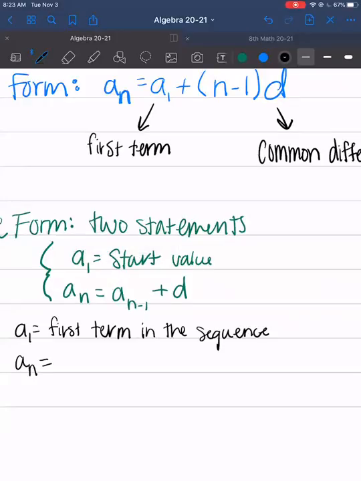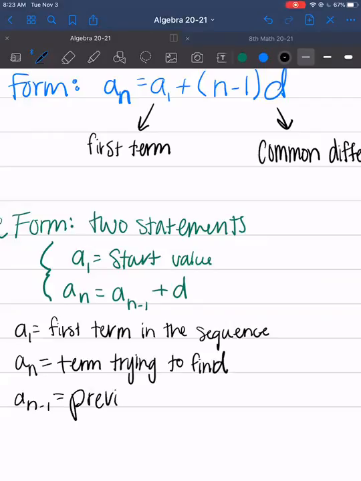A sub n is the term we're trying to find. A sub n minus 1 is our previous term. And D is our common difference.